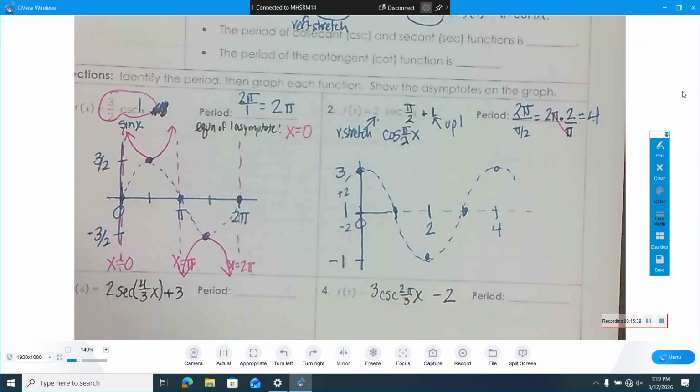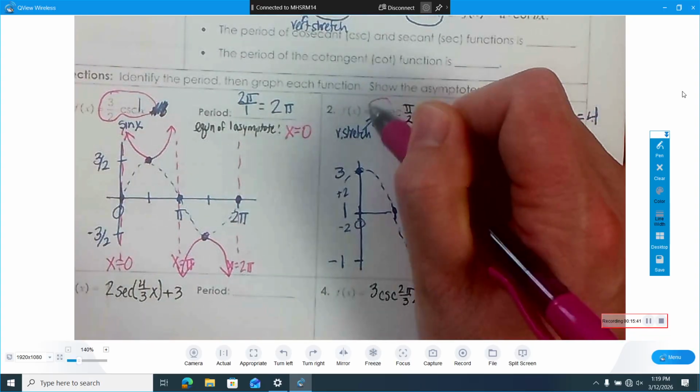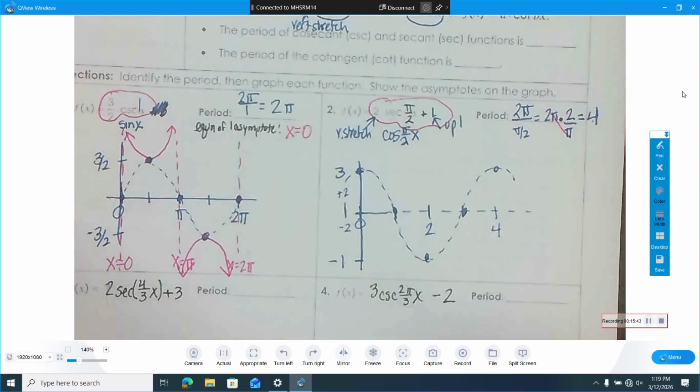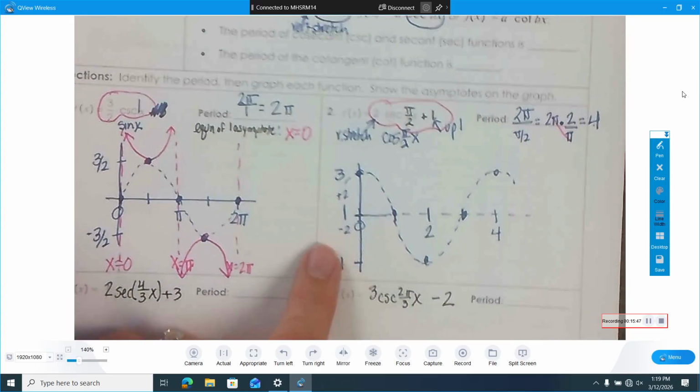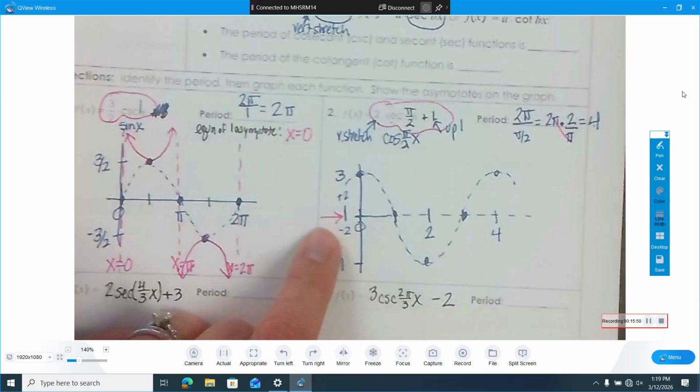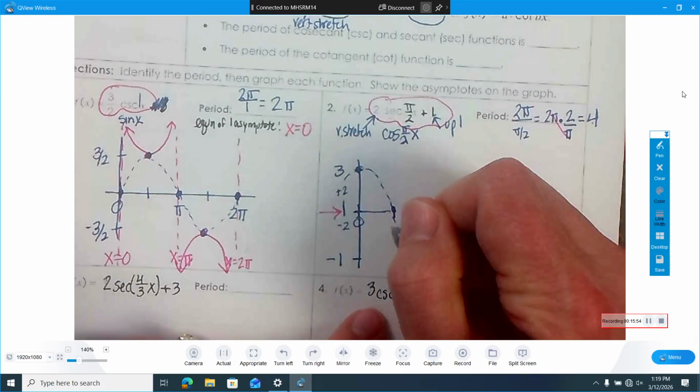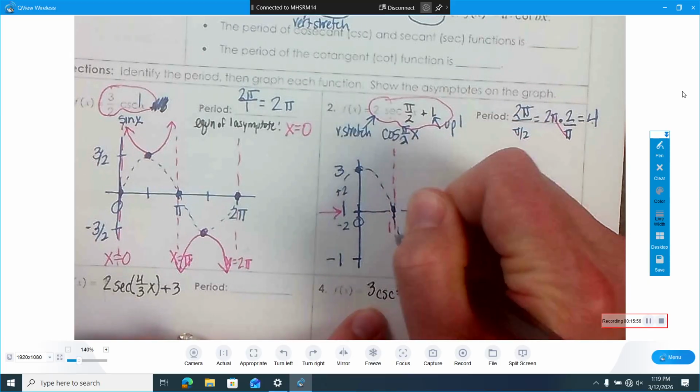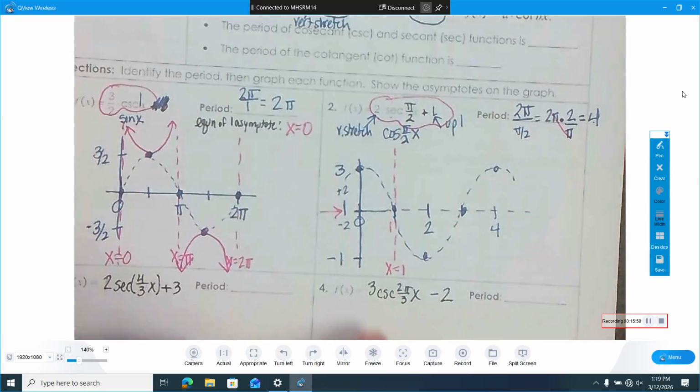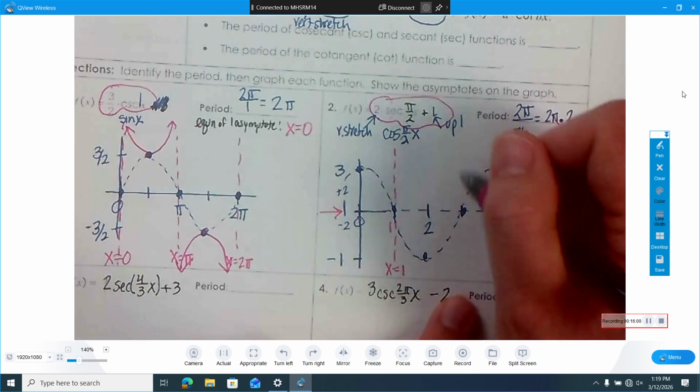All right, now, to graph secant, we draw in our asymptotes. So anywhere we cross the midline, which is right here on 1, we go out asymptotes. So where is one of our asymptotes? At 1, yeah, right here is x equals 1. And where's another vertical asymptote? At 3, good.